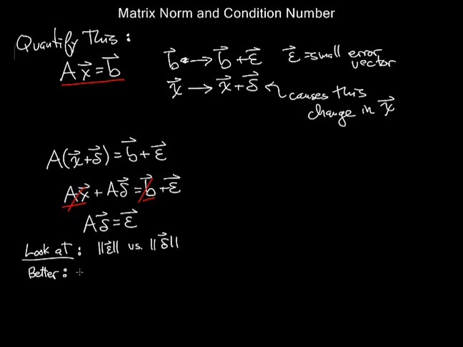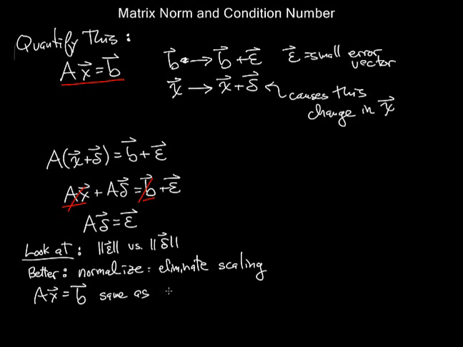But what's better is the following. We'd like to normalize what we're looking at. And the reason is that if you scale this equation, it doesn't really change anything. So that is, if you replace A with c times A and b with c times b, it's the same equation, but it would scale both epsilon and delta.